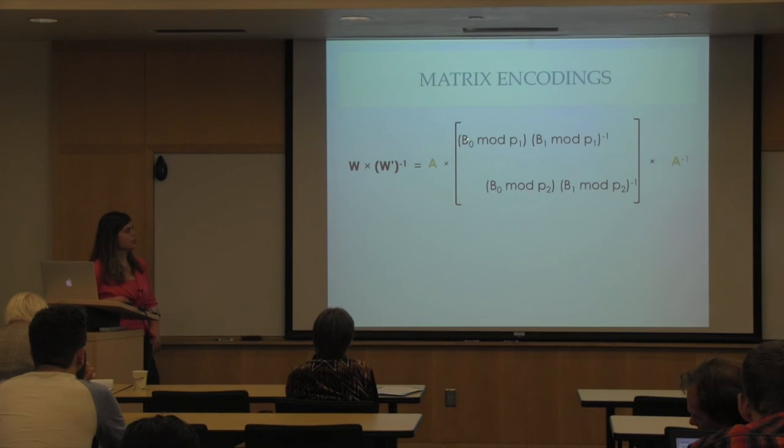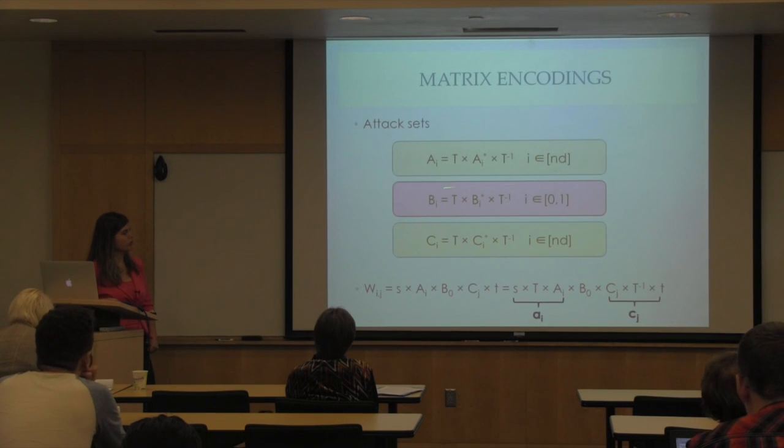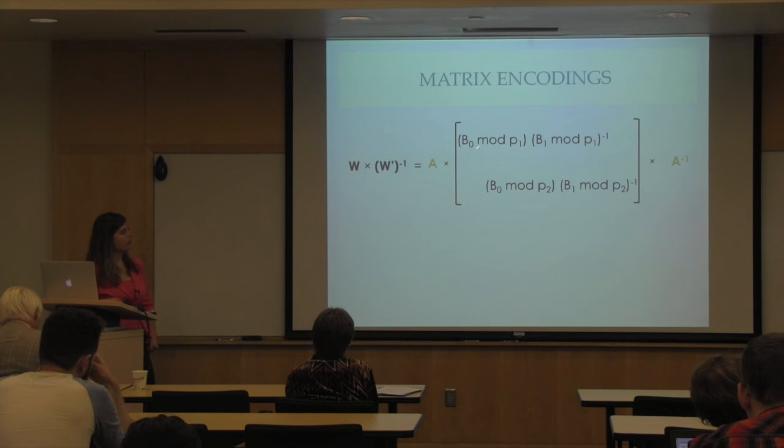This will be a block diagonal matrix, where the blocks on the diagonal will be of the form of the encodings that are coming. This B0 and B1 will be the components coming from the encodings in the set B. So we will have these whole matrices, one of them mod P1 and the other inverse again mod P1.